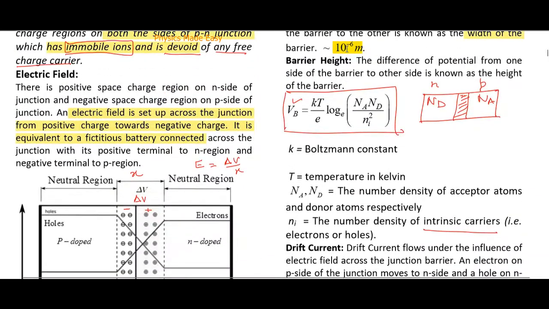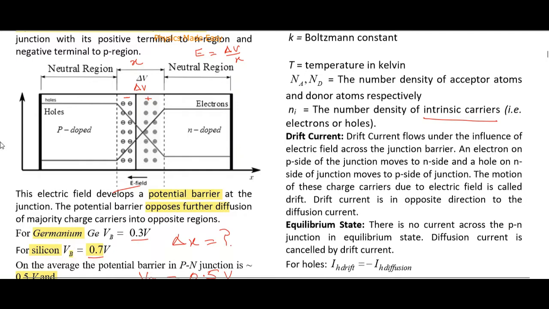And first, I will revise a bit from the previous section so that we can catch the lines. We have done electric field. Now, when electrons diffuse into this region and holes diffuse into this region, as a result, depletion region develops as we have discussed in our previous lecture.